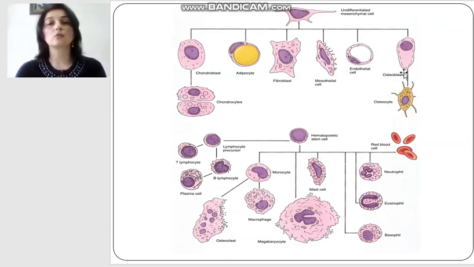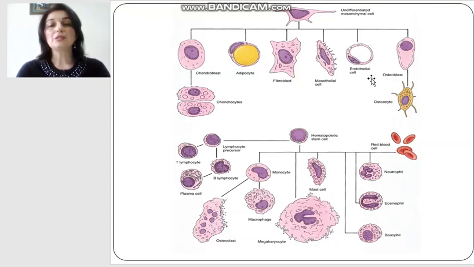Then osteoblasts will develop into osteocytes, which will compose the bone tissue. Also hematopoietic stem cells, which also take their origin from the mesenchyme, will form all of the blood cells. Pay attention, all of the cells of the blood will develop from this cell, and this cell in turn develops from the mesenchymal cells.